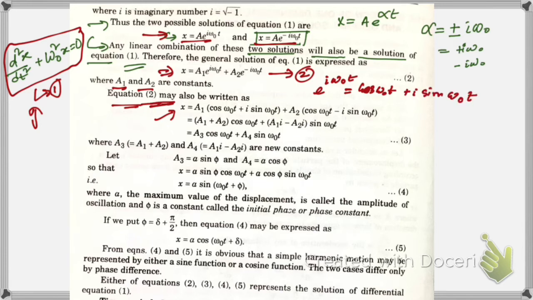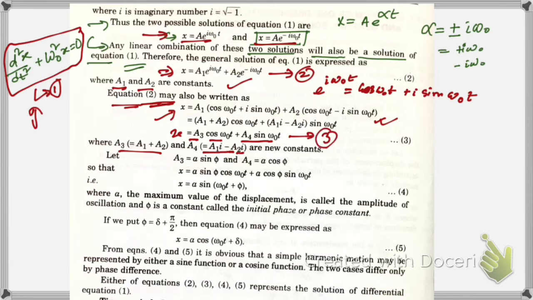That's an identity, that's a formula, right? And we have applied that in equation number 2. So that's why we have got this. After simplifying, separating the real and imaginary parts in this solution, we have got x is equal to a3 cos omega naught t plus a4 sin omega naught t. So a3 is a1 plus a2 and a4 is a1 i minus a2 i. These are new constants. So this is equation number 3, right?